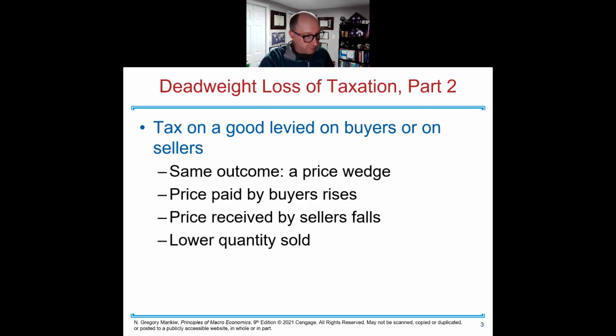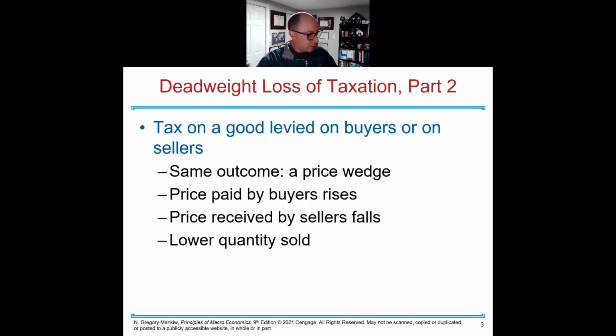I pay $21.50. Okay? Macy's doesn't keep the whole $21.50. They only keep $20. They got to pay the $1.50 to the tax agency. The federal, state, local governments for sales tax.